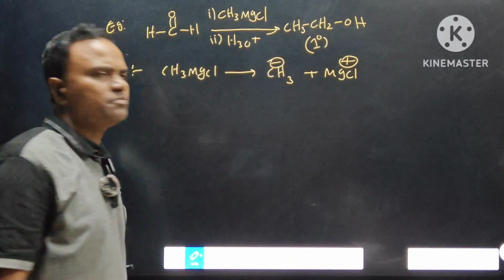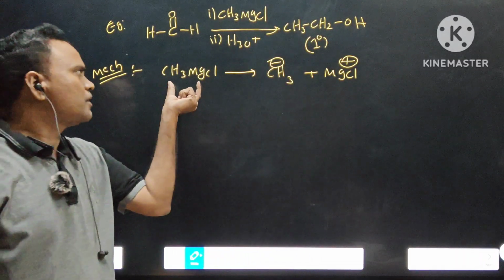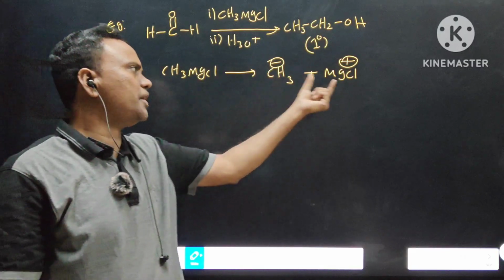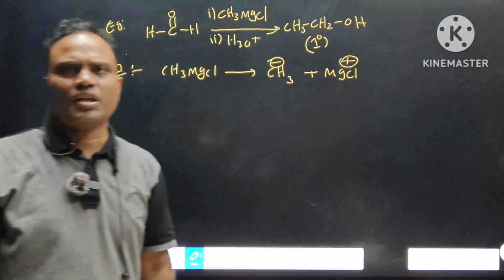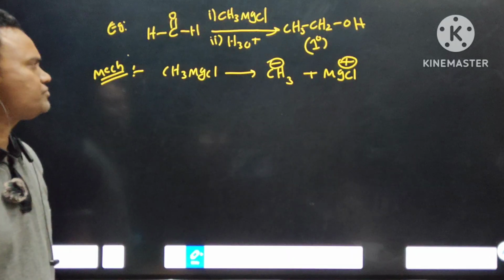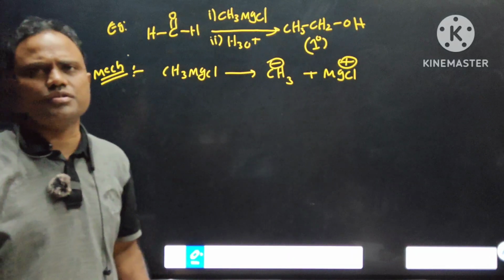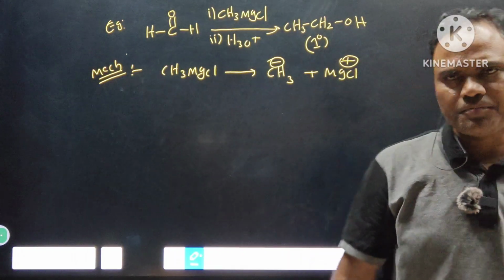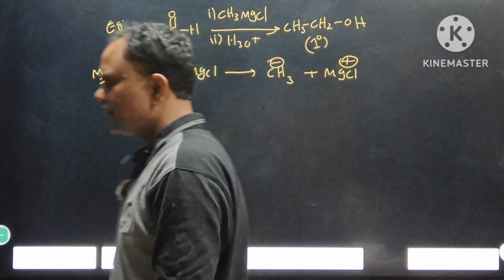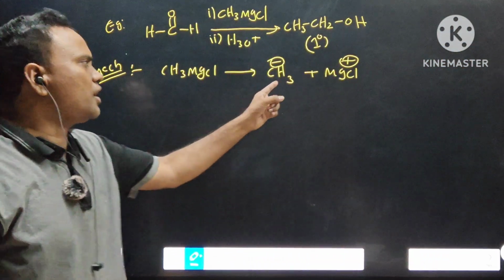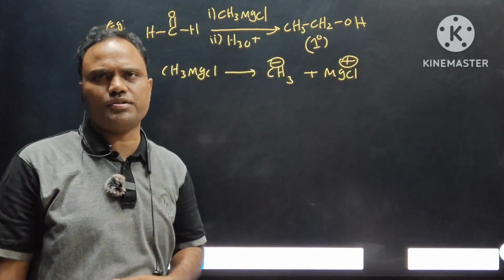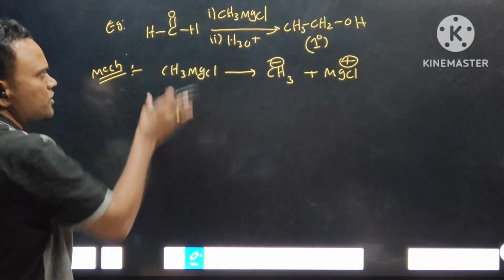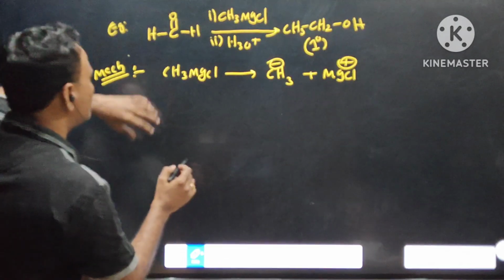Everyone should know about the splitting of Grignard reagent: RMgX dissociates into R minus and MgX plus. Explained in the first lesson. The scientist Grignard got the Nobel Prize. Now take the aldehyde or ketone given to you. Now I am taking this.